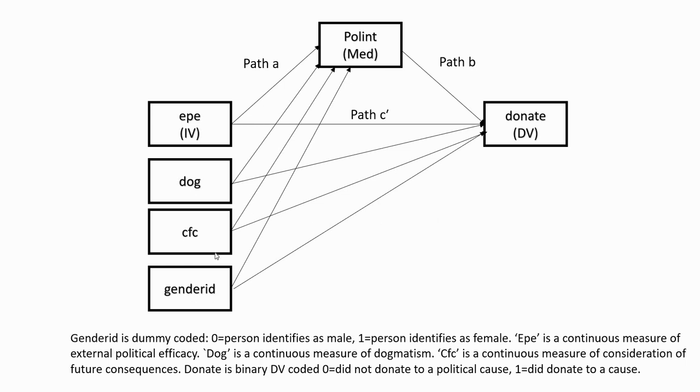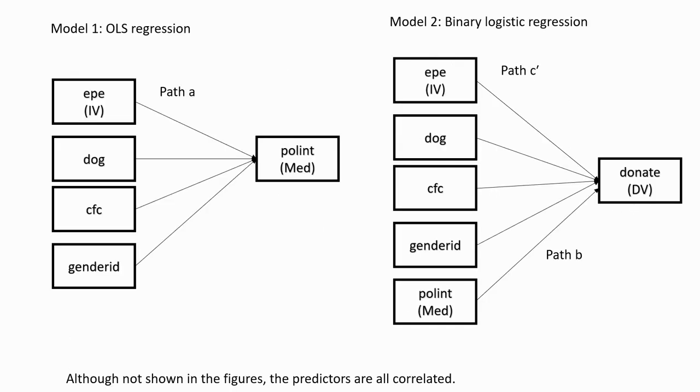And so you can see that the covariates are predicting the mediator of political interest and the dependent variable of donate. This is consistent with what would happen if you were using Andrew Hayes' PROCESS macro model number 4. And we can break that total model down into our two regression submodels. The first model is an OLS regression, and you can see right here that we're predicting political interest.